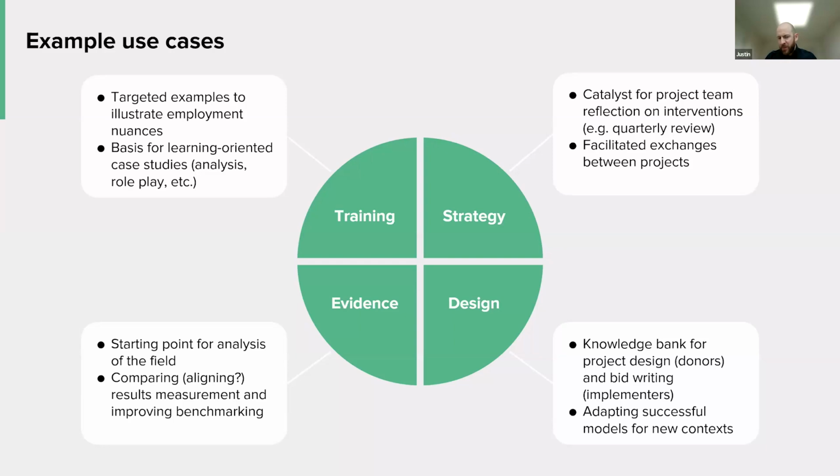And on benchmarking, if you are designing a new project, it can be pretty useful to check what other interventions are achieving in terms of their results, and what kind of timeframes we are seeing for different types of employment outcomes.